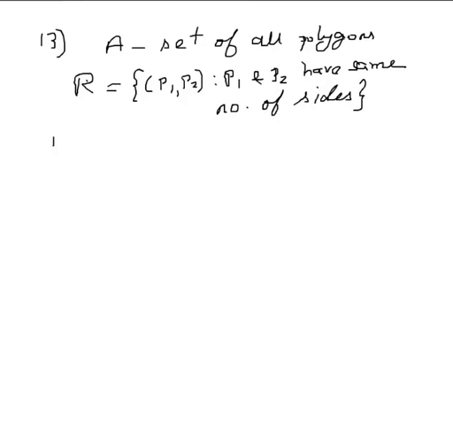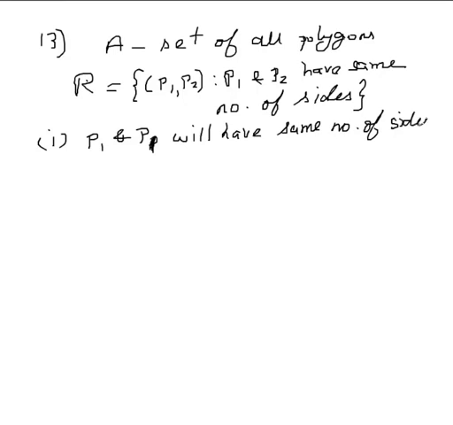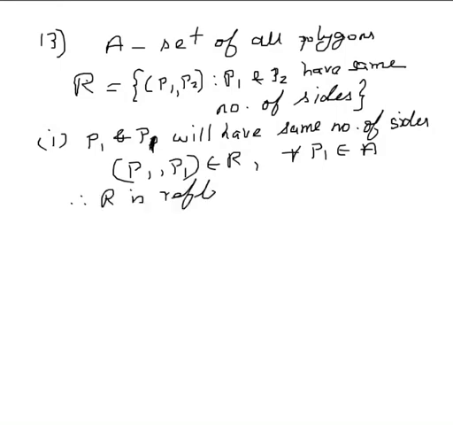Show that this is an equivalence relation. I can say that P1 and P1, same figure, definitely will have the same number of sides. Therefore, P1, P1 belongs to R, and it is true for any P1 taken from the set A. Therefore, R is reflexive.